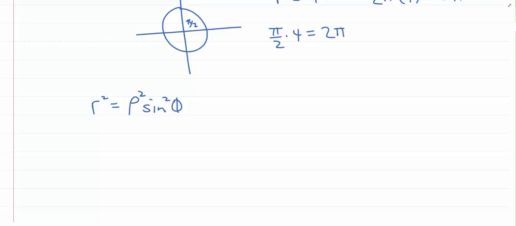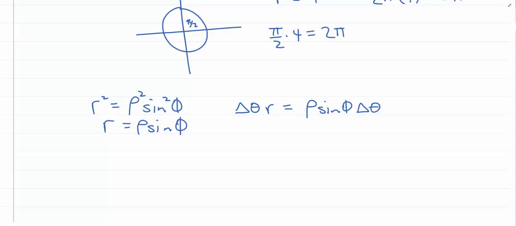So sine of phi is always positive, and rho is always positive. Therefore, I can take the square root, and say that r equals rho sine phi. Now, if that is rho sine phi, that means that delta theta times r can be written this way: rho sine phi delta theta.